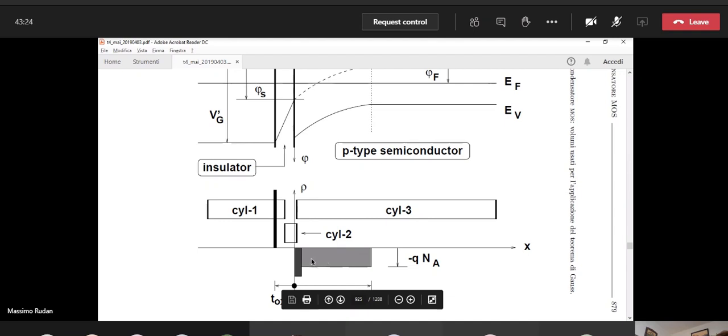In addition to that, we have a layer of electrons. Of course, the space charge region is negative because it is due to acceptors, it is minus QNA.